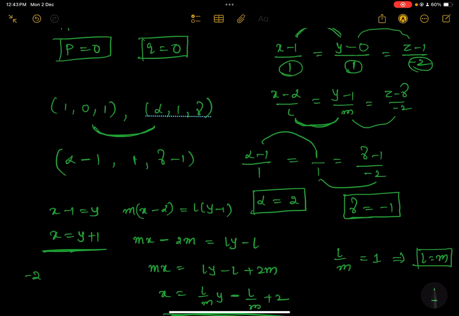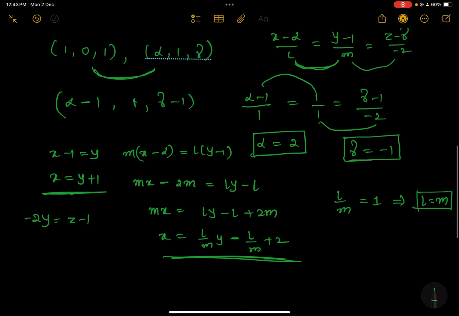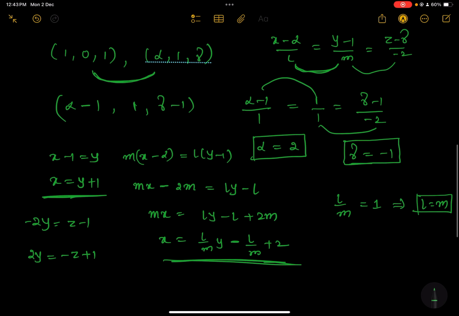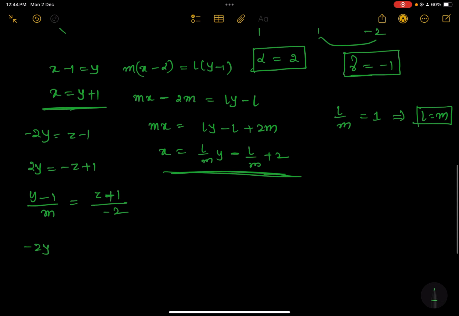So from the first equation, minus 2y is equal to z minus 1. So 2y is equal to minus z plus 1. Alright. From the second equation, (y minus 1) by m is equal to (z minus gamma) by minus 2, that is (z plus 1) by minus 2. So minus 2y plus 2 is equal to mz plus m. 2y minus 2 is equal to minus mz minus m. 2y is equal to minus mz minus m plus 2.